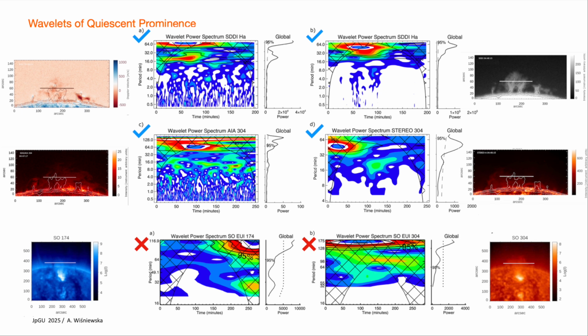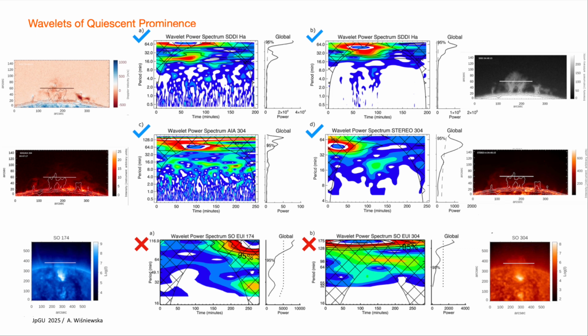As you can see, the wavelet power spectra for SDDI and AIA 304, as well as Stereo, can be considered results that you can rely on, because the found periods lie inside the cone of influence.